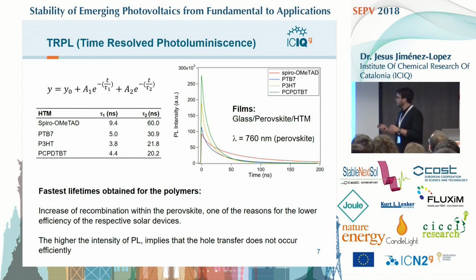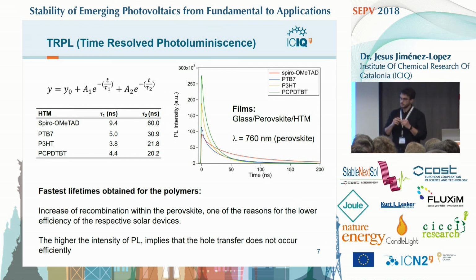We did it with films containing glass, the perovskite, and the hole transporting material. The perovskite I used was methylammonium lead iodide, and we measured the photoluminescence at 760 nm, which is the emission of the perovskite. We use it to study how efficient the hole transfer is from the perovskite to the hole transporting material.